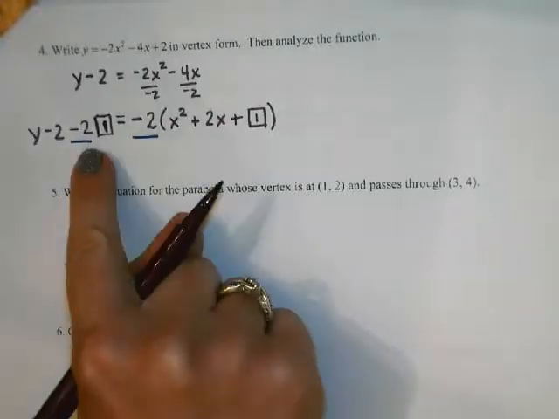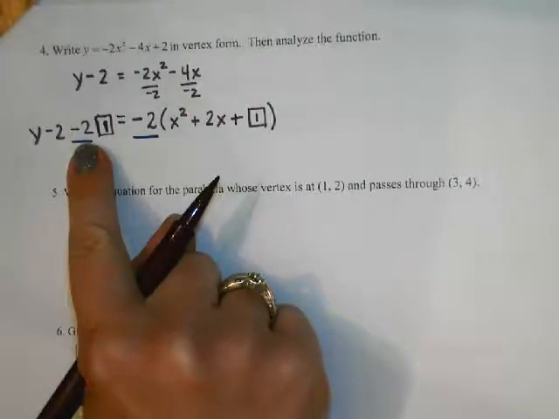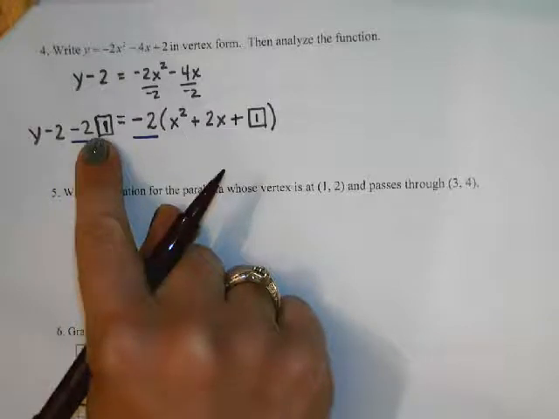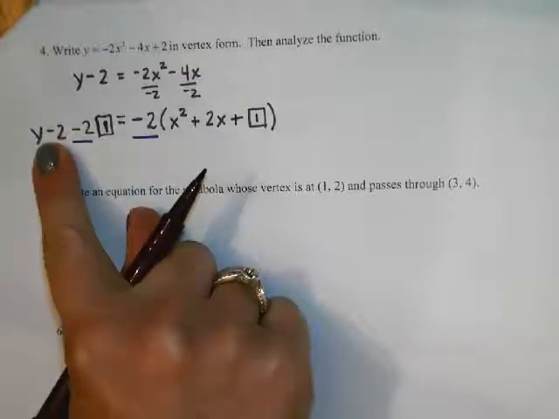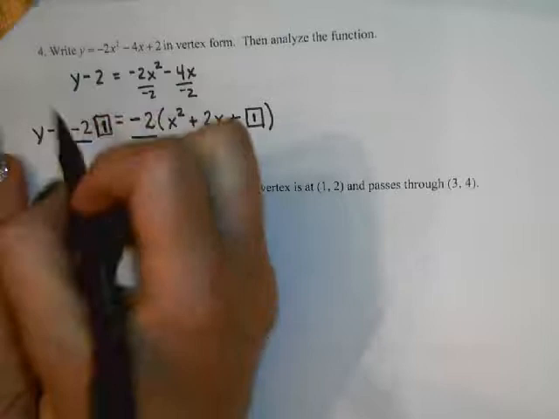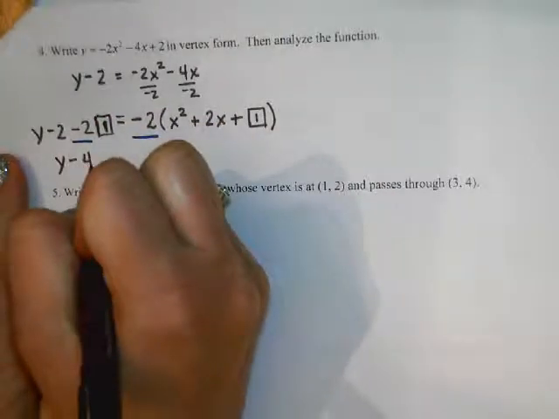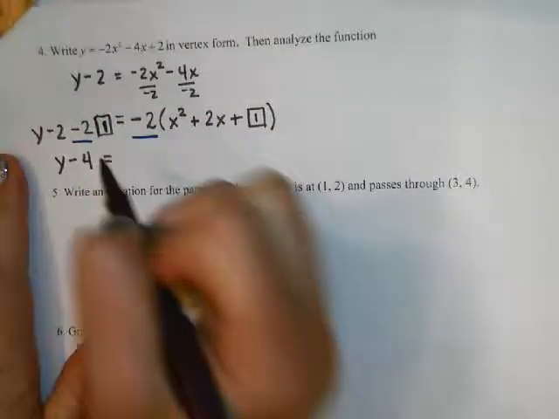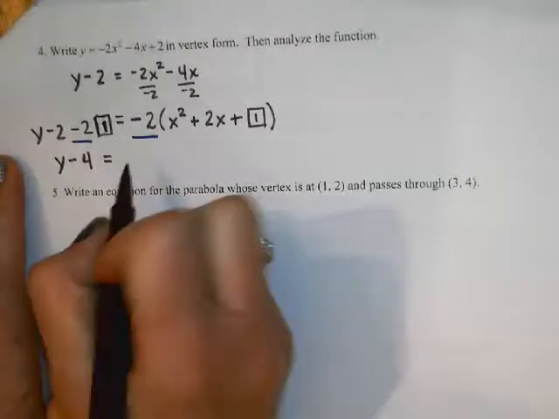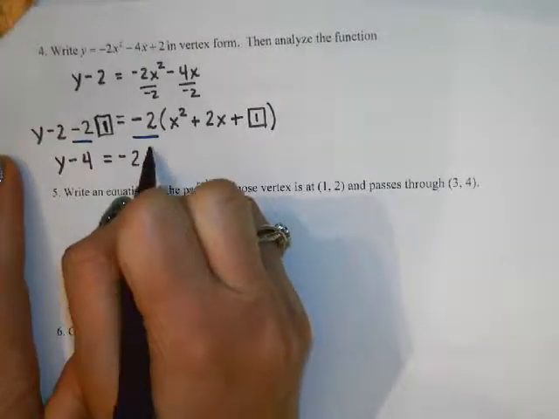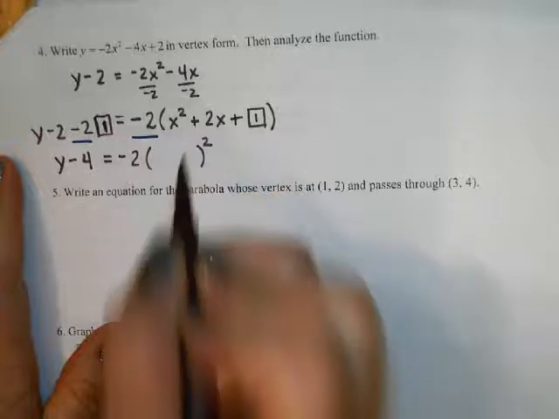Okay, now, order of operations says that I multiply first. So this is negative 2 times 1. So that's negative 2 minus 2 more. So on the left-hand side, I have y minus 4 equals negative 2. Remember, I'm forcing him to factor.